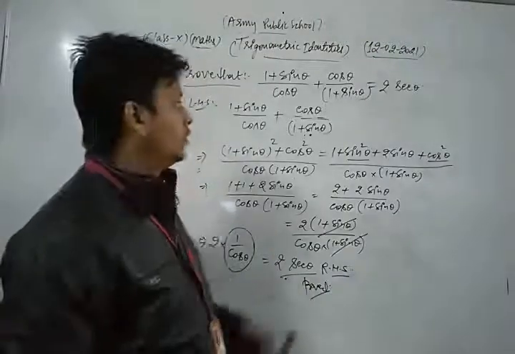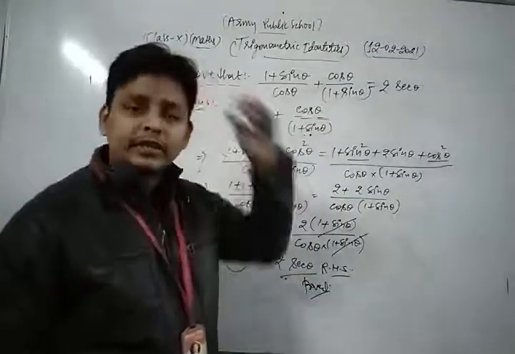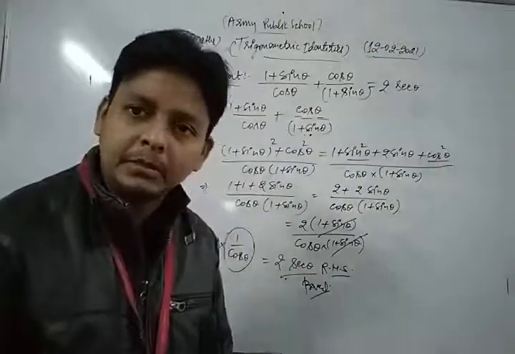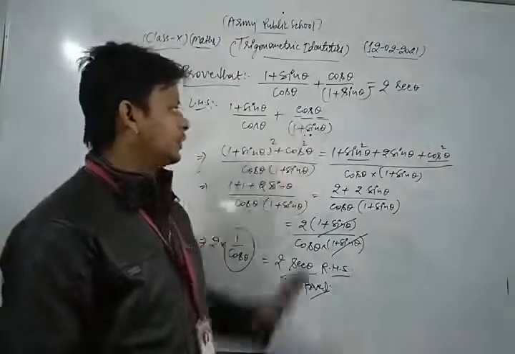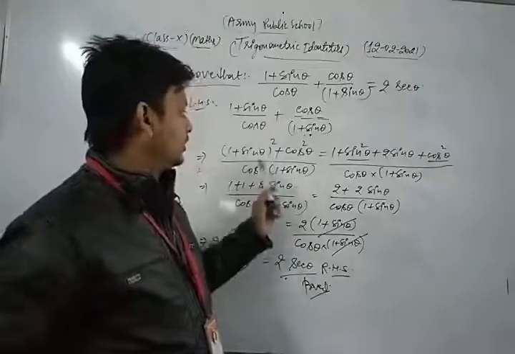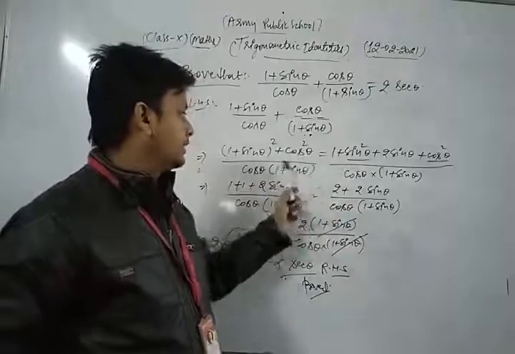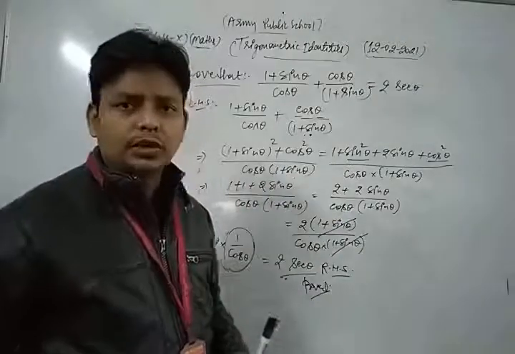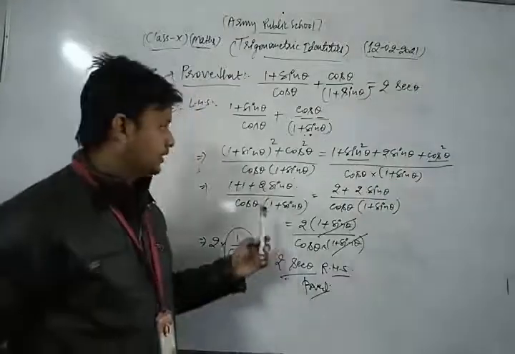Now for that question, first of all we take the LCM of their denominators, so we get cos theta into (1 plus sin theta). After that we write it this way and expand based on the identity (a plus b) whole square, and simplify.